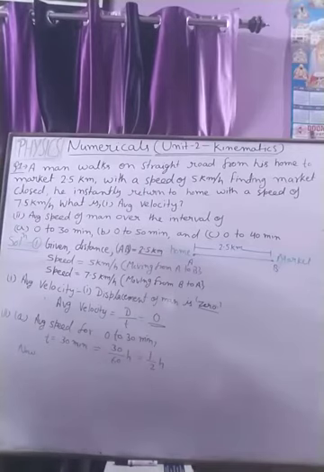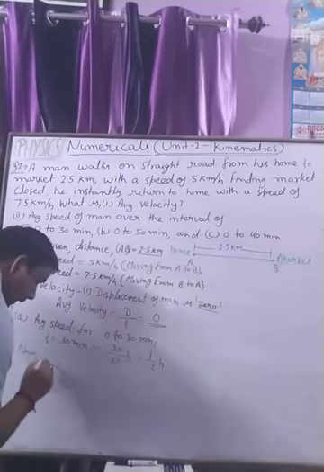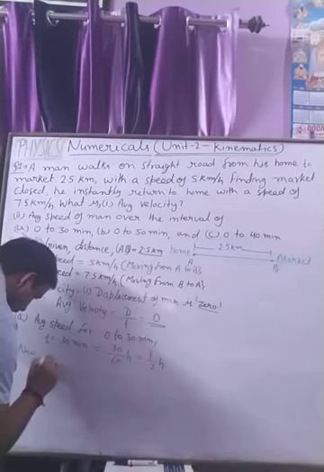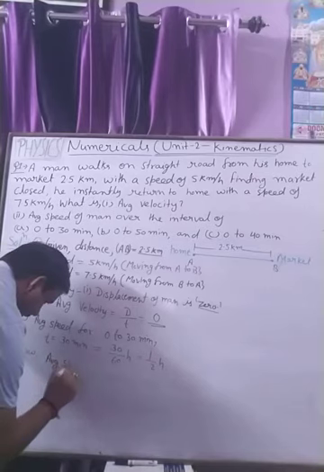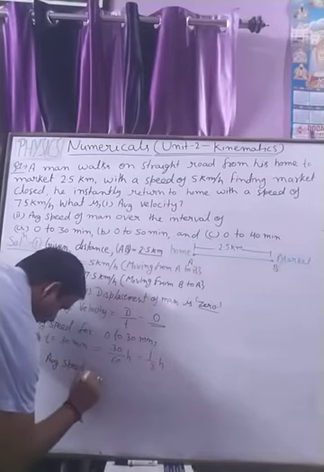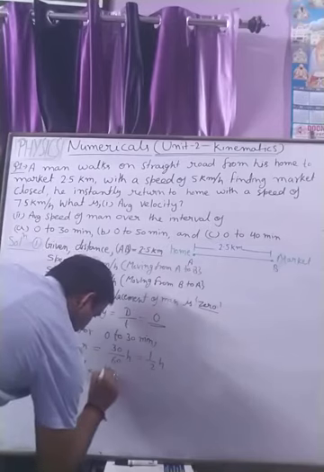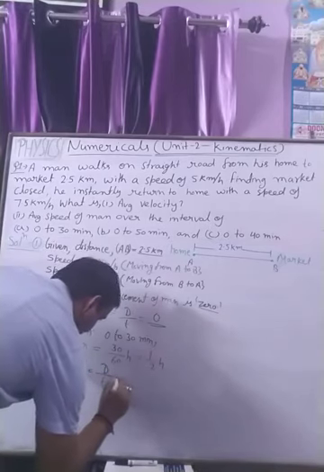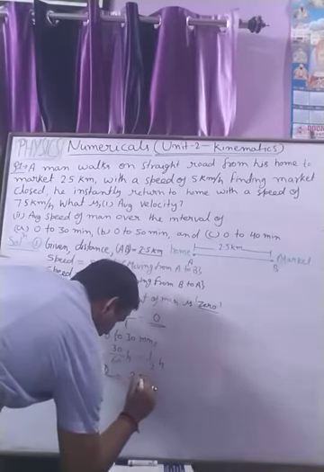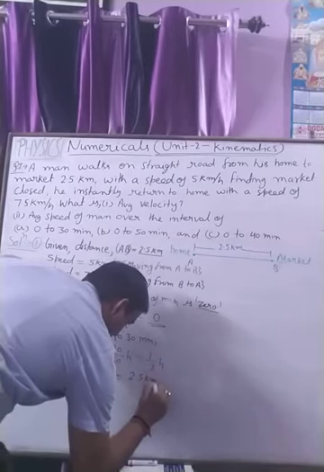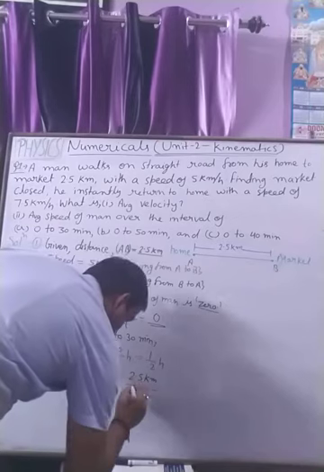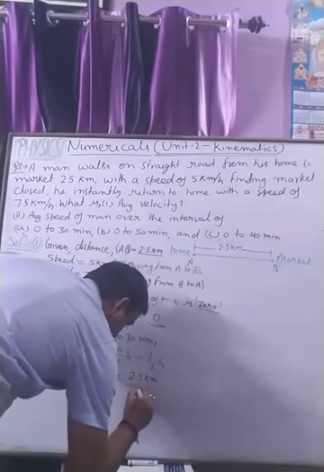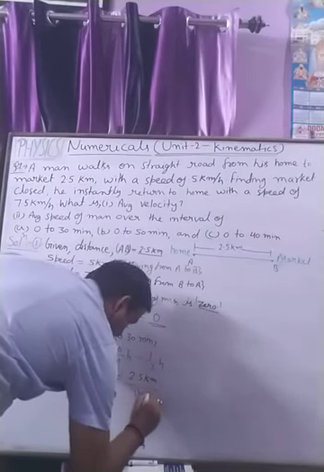Now we have that average speed is equal to distance upon time, and distance we have 2.5 kilometer upon time, that is 1 upon 2 hours.